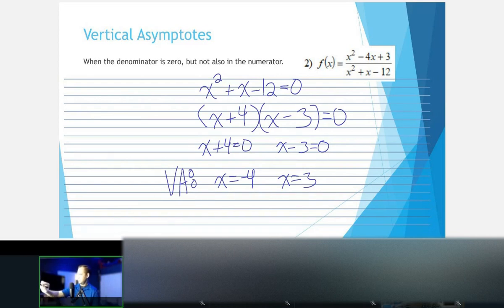All right, so the VAs, x equals -4 and x equals +3. So who got those two VAs?